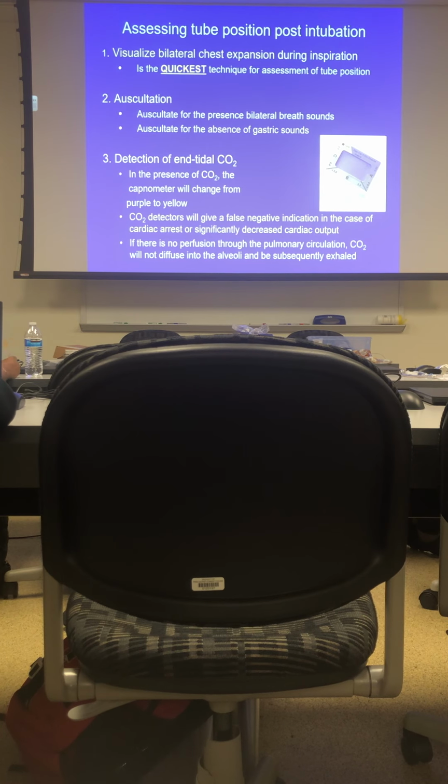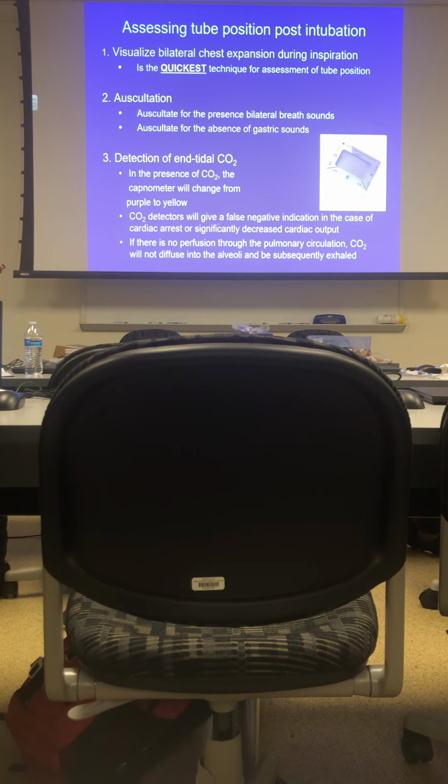Anything here that we didn't talk about? Oh yeah, we didn't talk about this. So sometimes when you're putting a CO2 detector in, what's the color when you take it out of the package? Purple. And when you have positive CO2, it turns yellow. So CO2 detectors can give a false negative in the case of cardiac arrest.